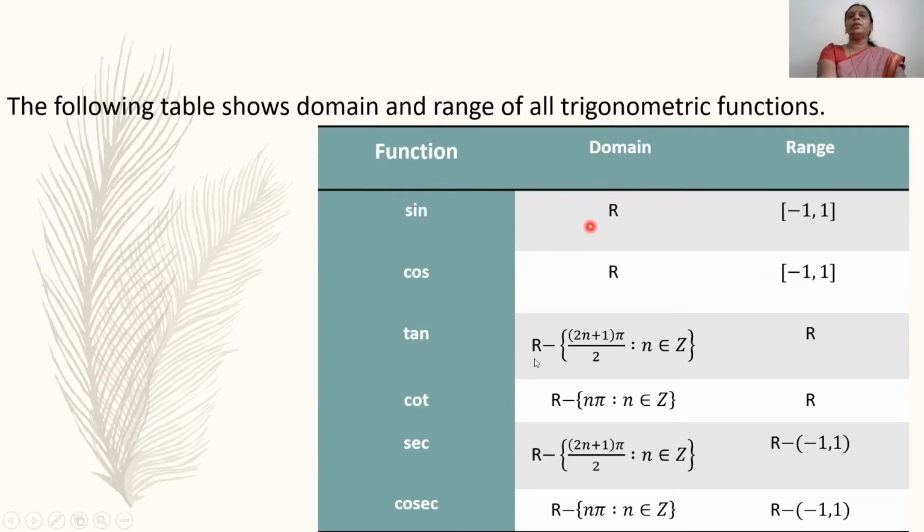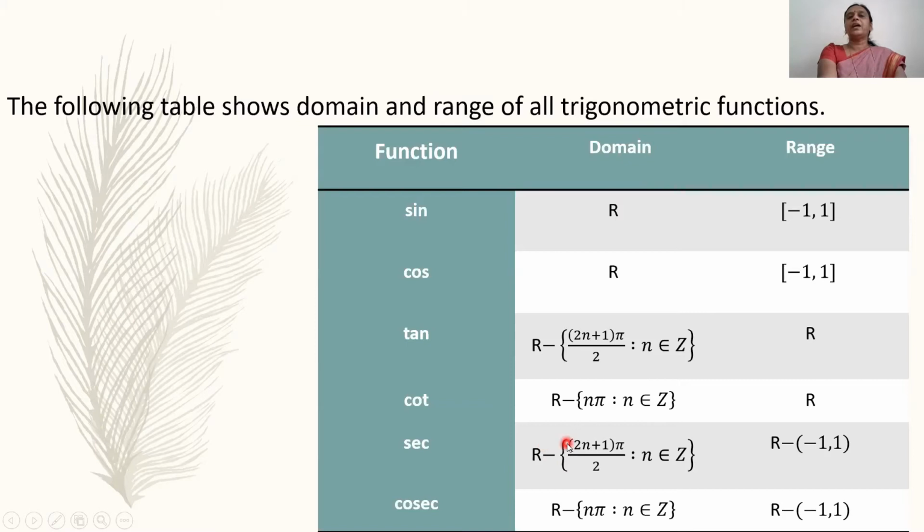For tan, the domain is R minus (2n plus 1) times pi by 2, n belongs to Z, that is the set of integers, and the range is R. For cot, R minus n pi, n belongs to Z, is the domain and the range is R.